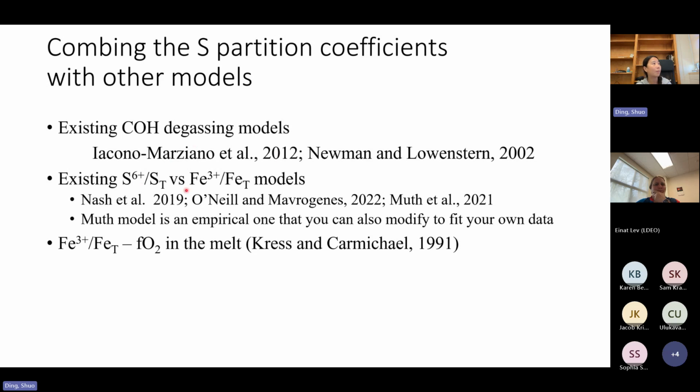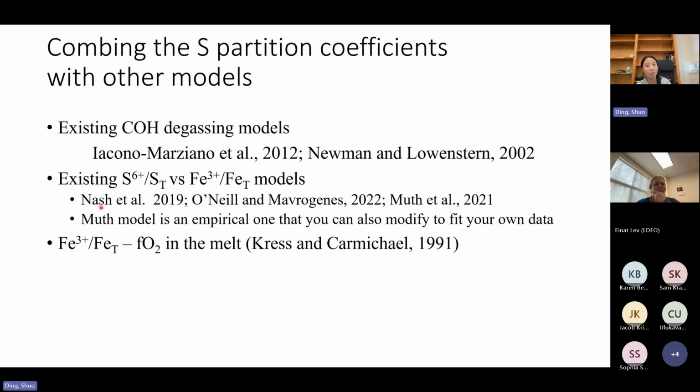Since we need to know the sulfur speciation, basically the sulfate over total sulfur ratio in the magma, we need models to connect it to the ferric iron ratio in the magma. There are existing models describing this relationship, and we provide a choice of these three.